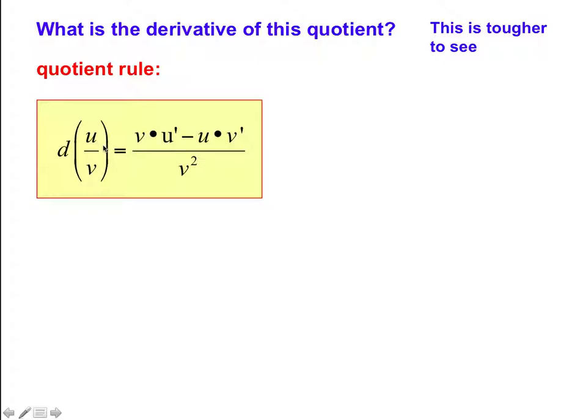So in this situation, I refer to the u and the v as high and low. High is the numerator, low is the denominator. So this is low times derivative of high minus high, in other words, numerator, times derivative of low, denominator. And that's all over low squared.